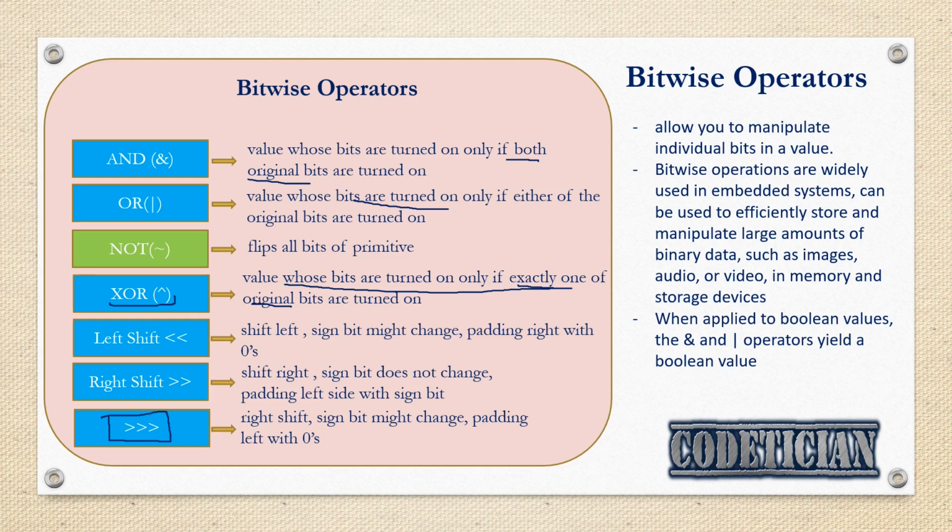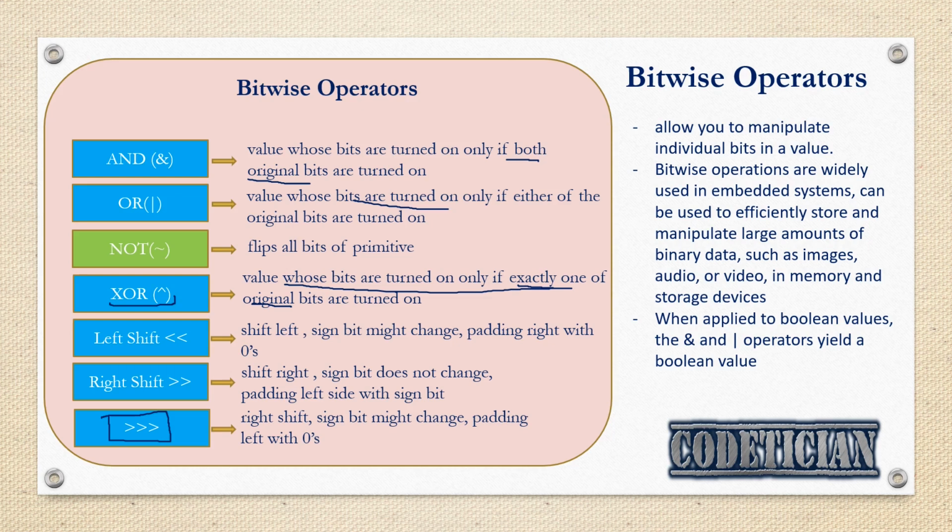Now, left shift means you are multiplying a number by a power of 2. Right shift means you are dividing a number by a power of 2. Now there's one more important thing: in binary numbers, the leftmost bit is considered the sign bit.